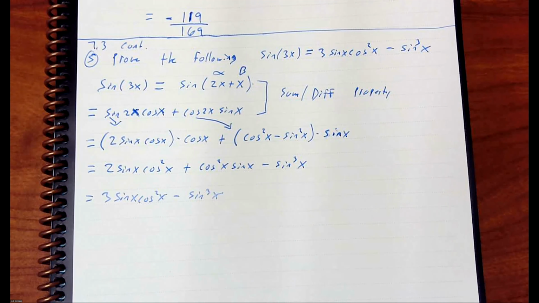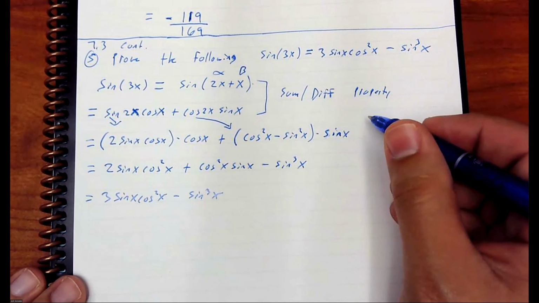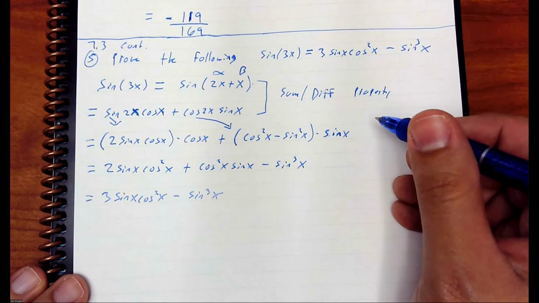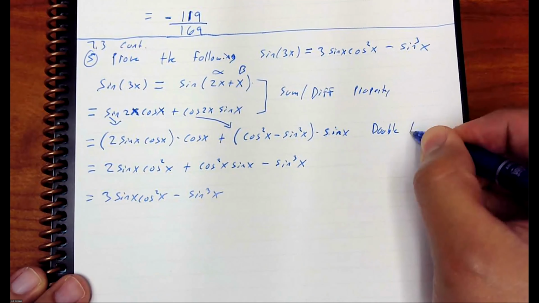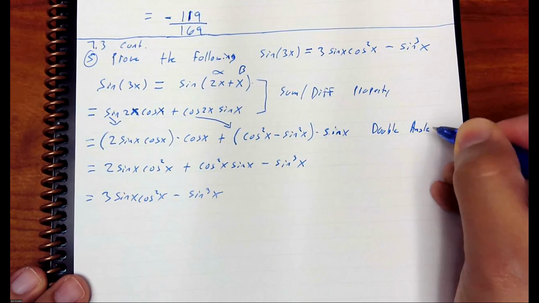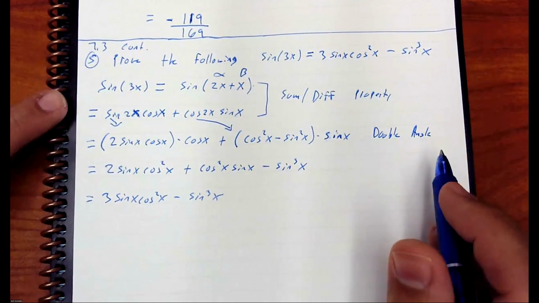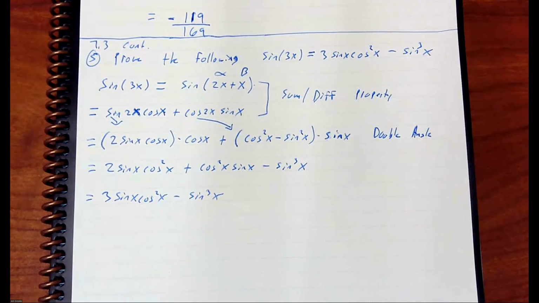That's it. So here to here, we did the double angle formulas. From here to here, after that, we just multiplied stuff.